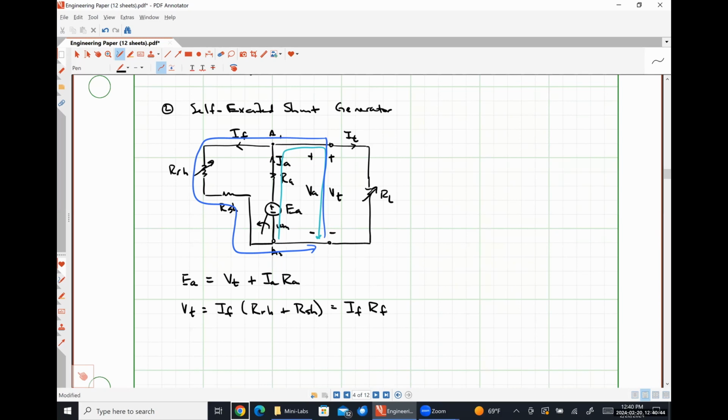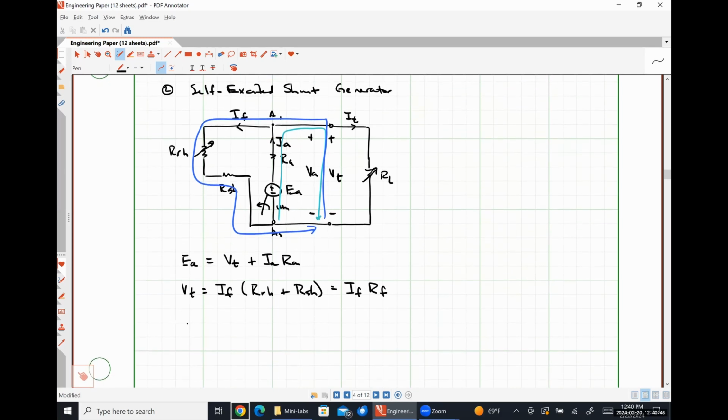Applying Kirchhoff's current law, or actually, we could also say that our terminal voltage is IT times RL just by inspection. And Kirchhoff's current law tells us that our armature current is just our field current IF plus our terminal current IT.